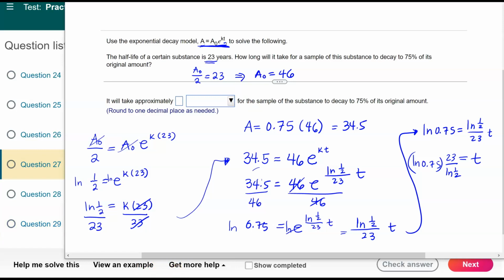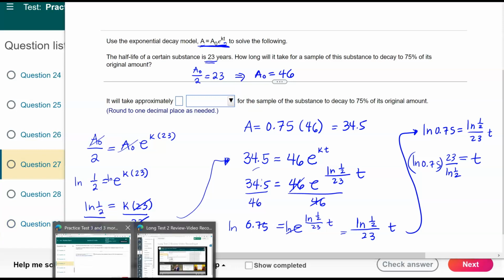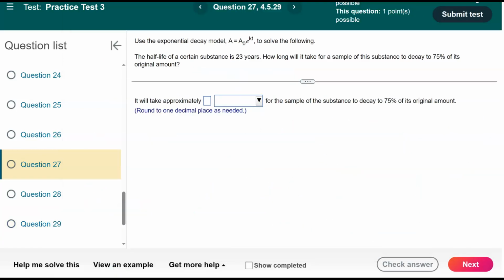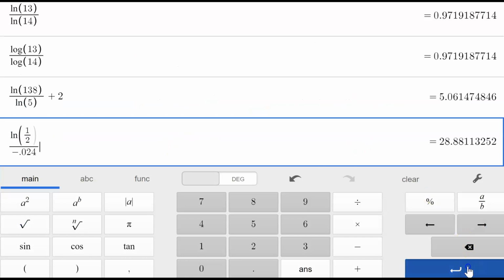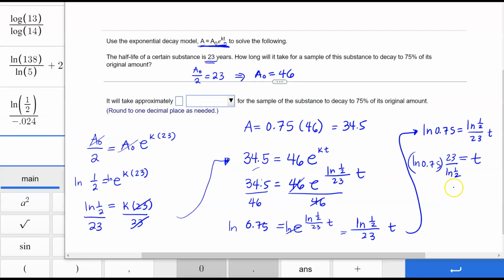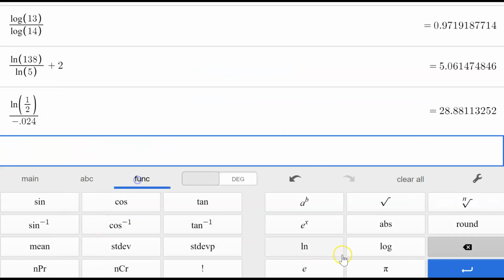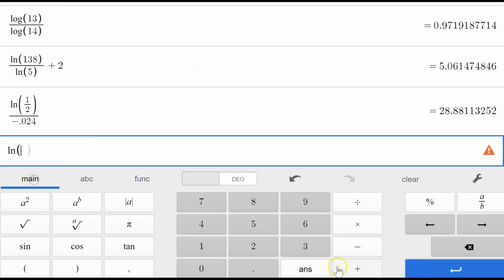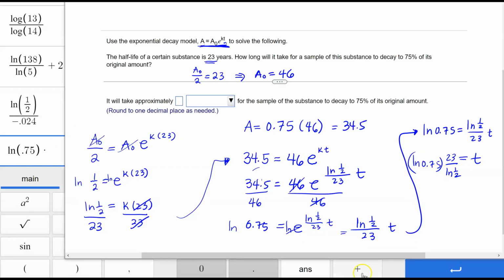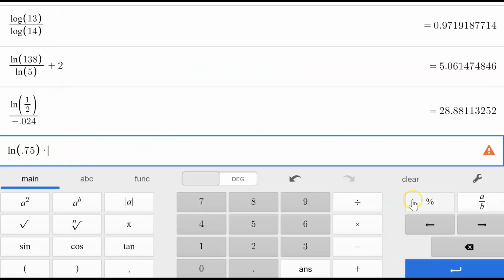So on your Desmos calculator, you will have to input this. You will have ln of 0.75 times the reciprocal, which is 23 over ln of 1/2.